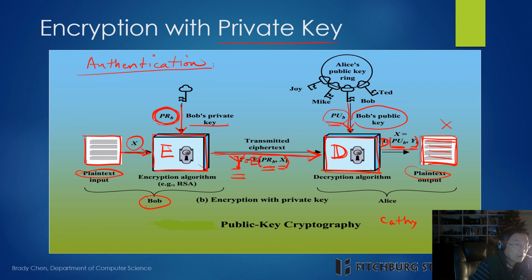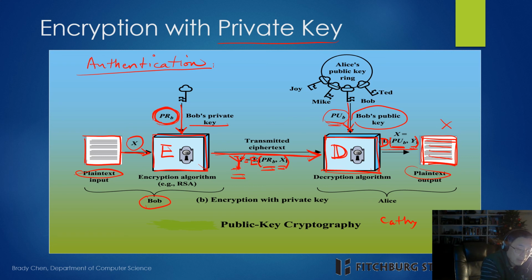The only message that can be decrypted by Bob's public key is a message that was encrypted by Bob's private key. Think about this, right?